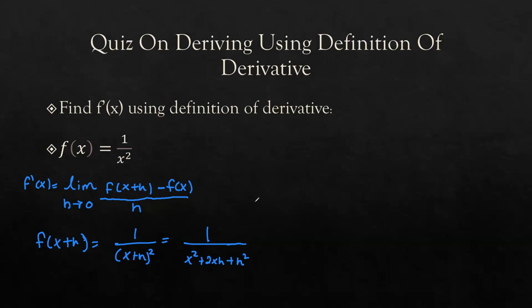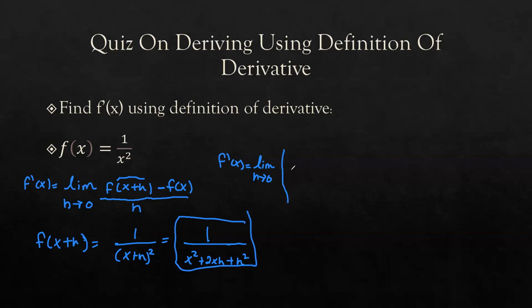Okay, so we have everything we need. We can replace f of x plus h with this, and we already have f of x. Then it's all over h.